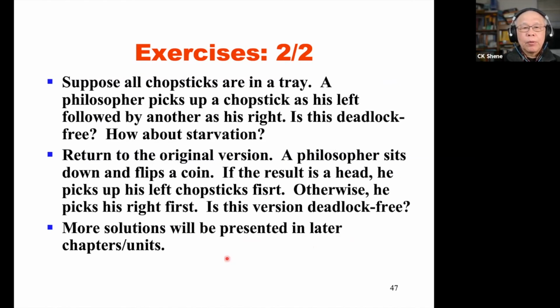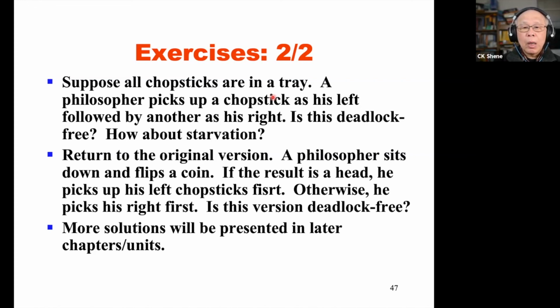Now, the third exercise. Suppose all chopsticks are in a tray rather than arranged with each chopstick between two philosophers. All 5 chopsticks are in a tray at the middle of the table. A philosopher picks up a chopstick as his left. It doesn't matter which one. Followed by another as his right. Is this solution deadlock-free?